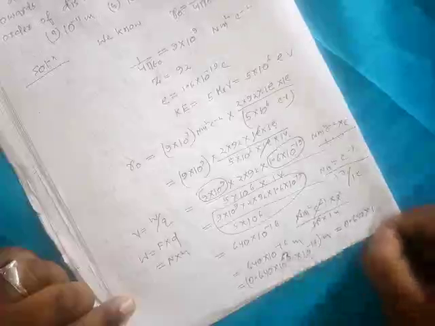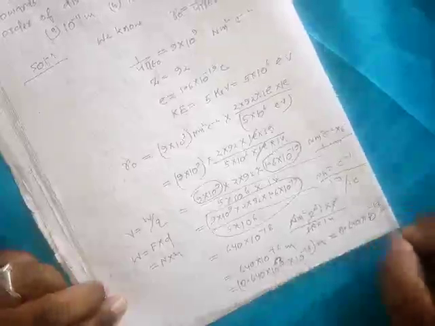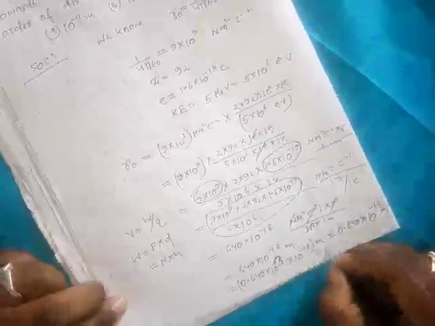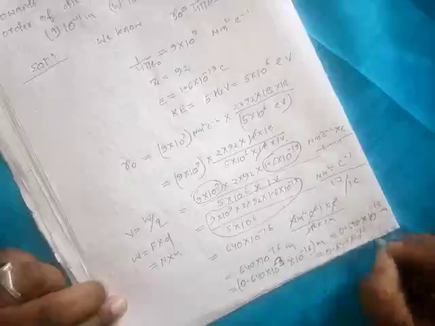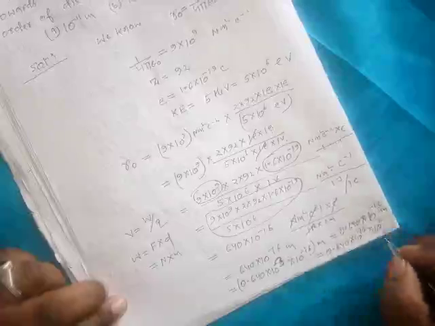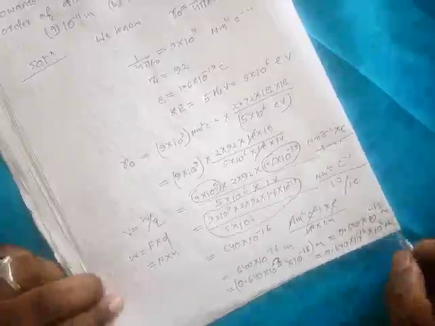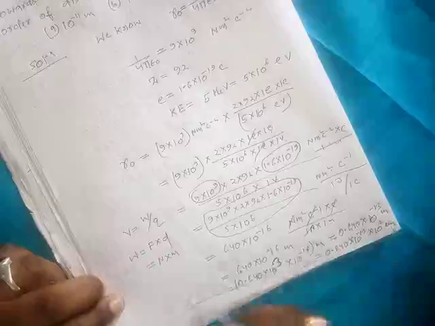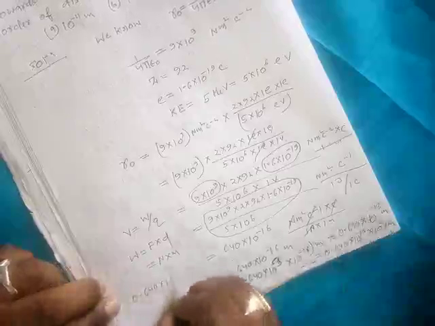That is 0.640 into 10 to the power minus 13 meter. So you have to multiply it by 10 to the power 2 if you have to convert into centimeter. So the final result is 0.640 into 10 to the power minus 13 plus 2, equal to minus 11 centimeter. So this is the correct answer.